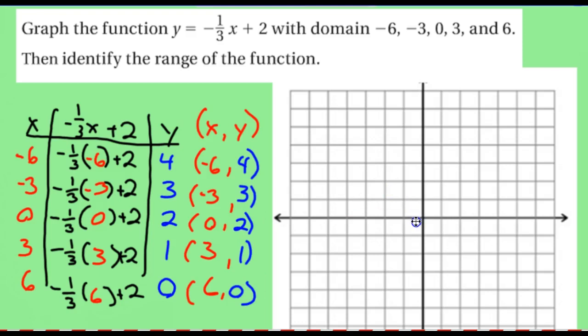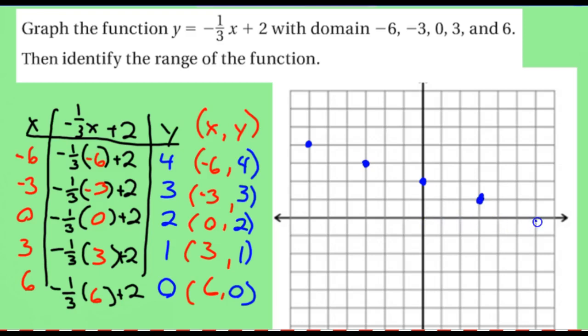So -6, 4 is go over -1, 2, 3, 4, 5, 6, up 1, 2, 3, 4. -3, 1, 2, 3, up 1, 2, 3. 0, 2. 3, 1.